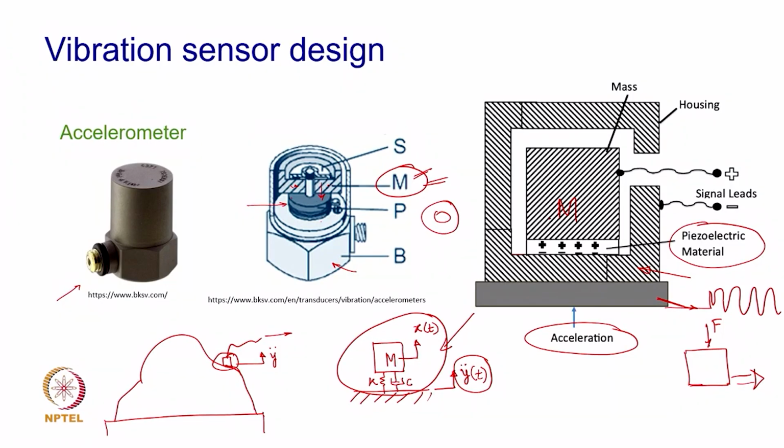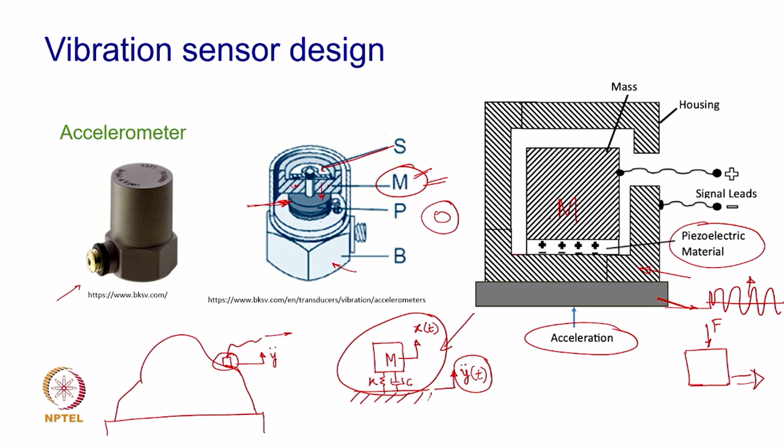That is the reason why this washer or spring is always tightening the mass against these piezoelectric discs, so that even during the upward motion when the discs get relieved, the entire compressive stress is not relieved. So, this is how the design of this accelerometer is.